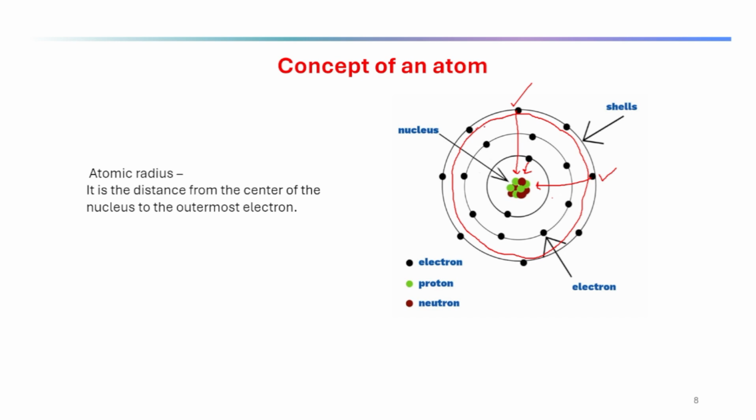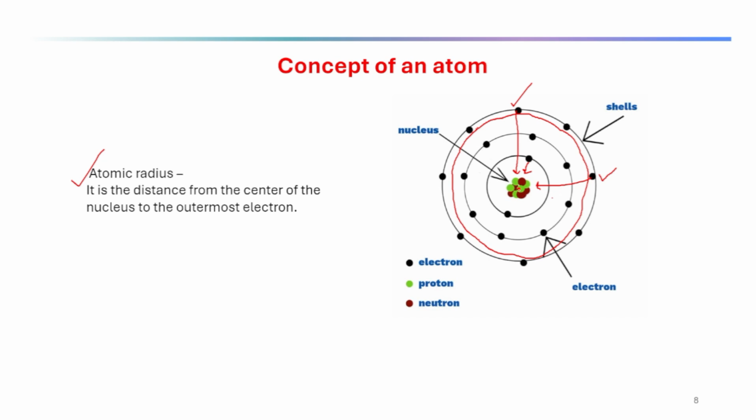Now as this orbit shrinks, the atomic radius also shrinks. Now how to determine the atomic radius? So atomic radius is the distance from the center of the nucleus to the outermost electron. So see, this is the center, let's assume this is the center of the nucleus.